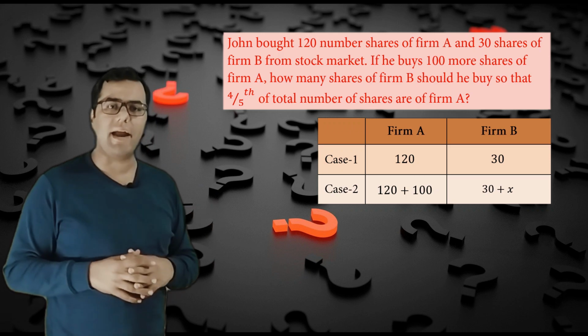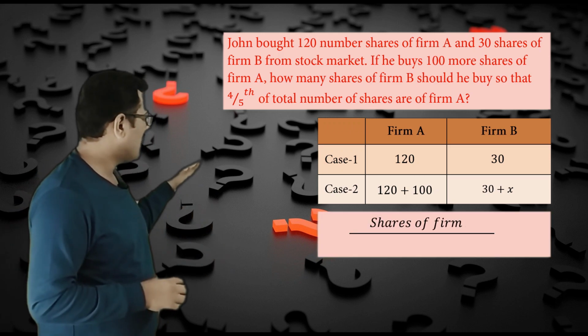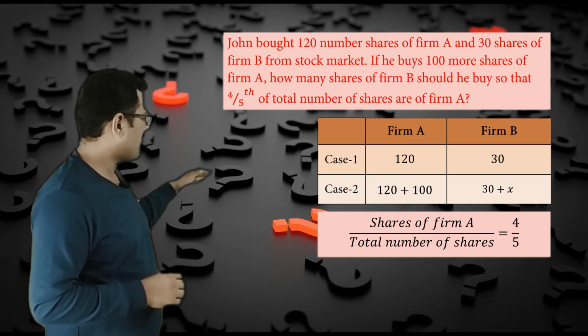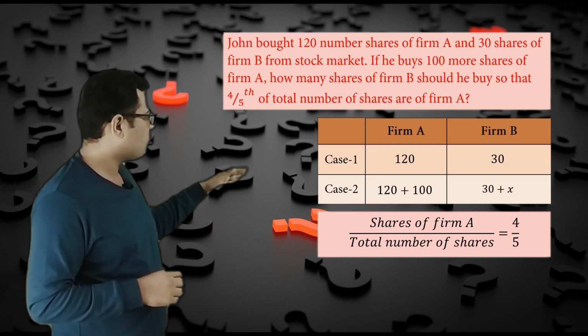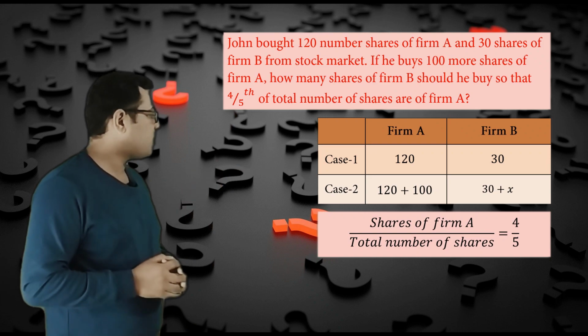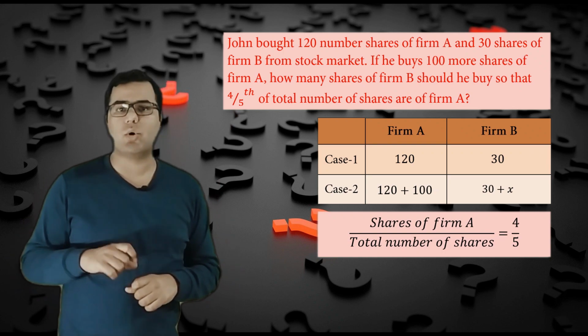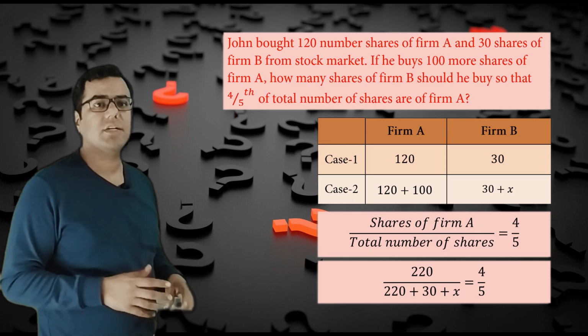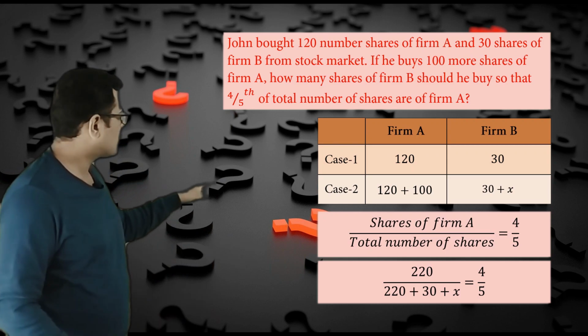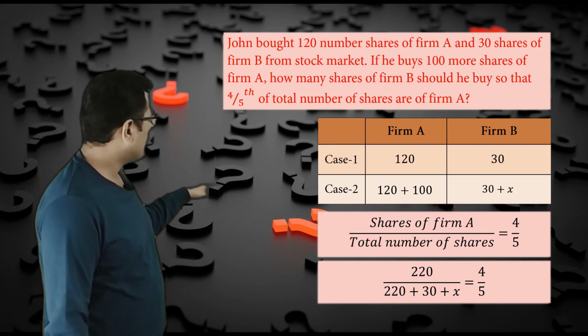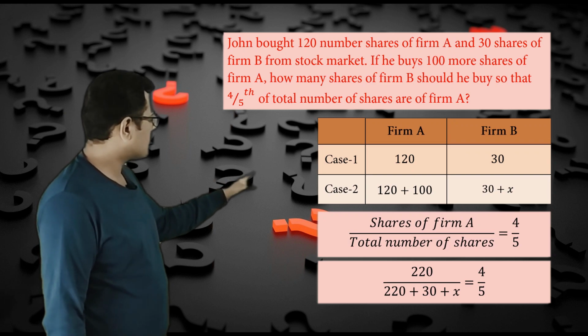4/5. So I'm writing the ratio equation: shares of firm A divided by total number of shares equals 4/5. Shares of firm A in case 2 is 220. So the total number of shares is 220 plus 30 plus X. So 220 divided by (220 plus 30 plus X) equals 4/5.